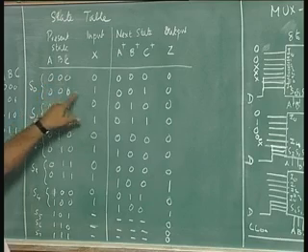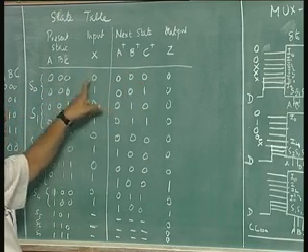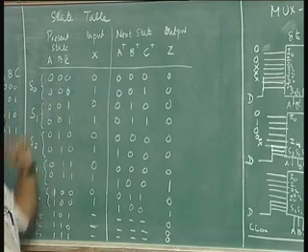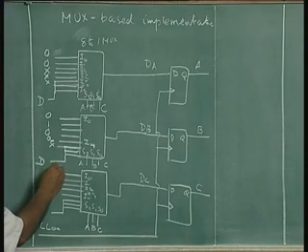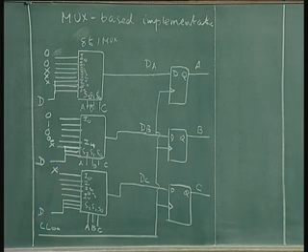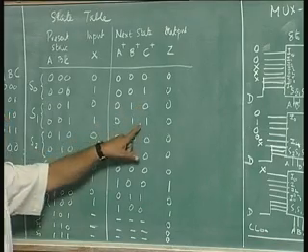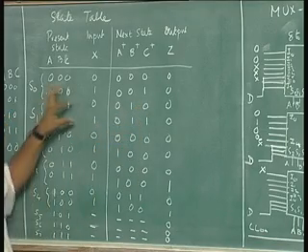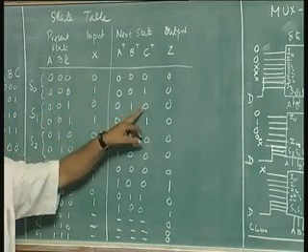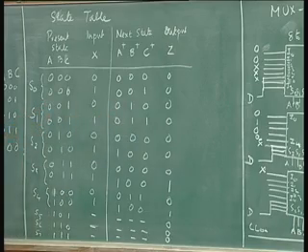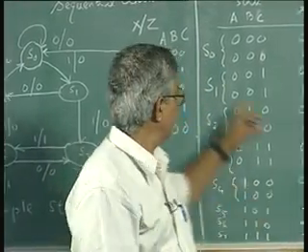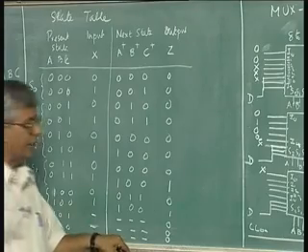Present state 0, 0, 0, next state of C is 0 if x is 0, 1 if x is 1. So, this has to be a what? X. Next is x again because of this. X value is reflected. C plus follows x if the circuit is in state S1. So, it is x.